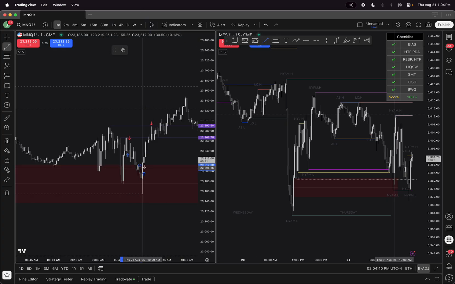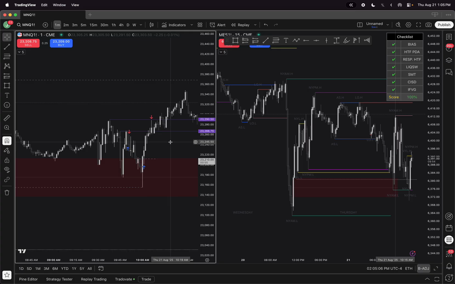If you guys don't know what a CISD is, it's consecutive candle closures. I use two or more, but people use one, within the same color. It is going to be a CISD. You use it like a fair value gap or inverse fair value gap, like an order block, breaker block. It's another PD array, pretty much like a break of structure, but it's showing displacement that the market does want to reverse in this direction.